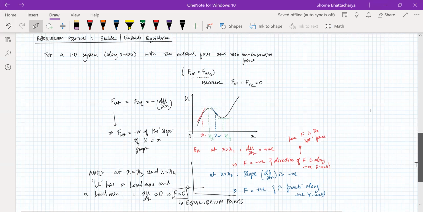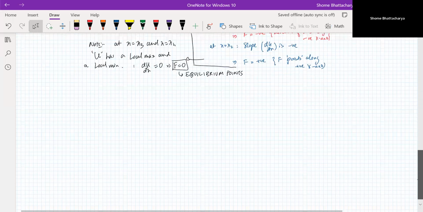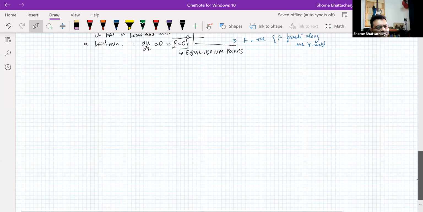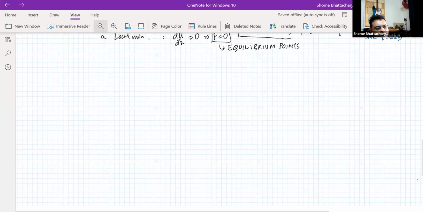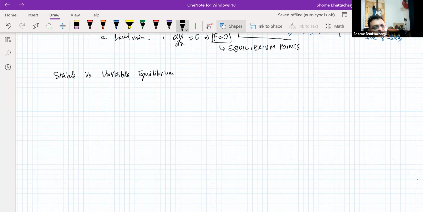Okay, now let's look at stable versus unstable equilibrium. Now, one way to simply define which one is stable and which one is unstable is by looking at the potential energy graph.